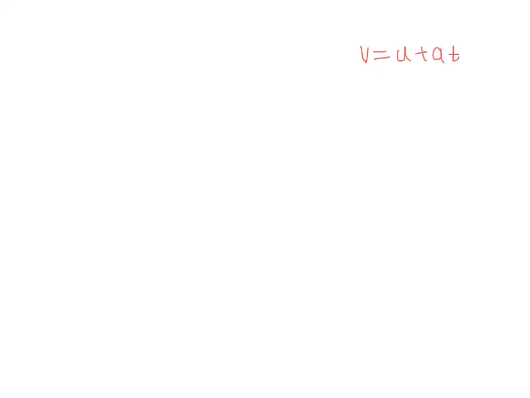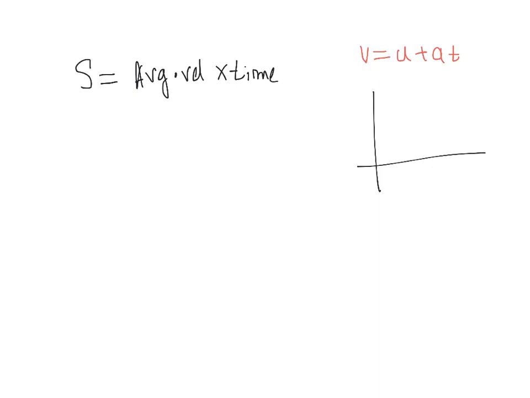Now another thing we know, displacement. Displacement is equal to average velocity into time. We know this, right? Now for average velocity, think of a motion of a body where my curve looks like this.